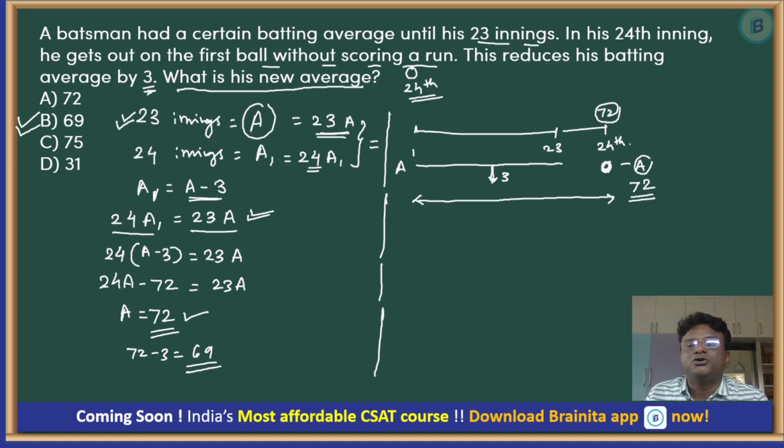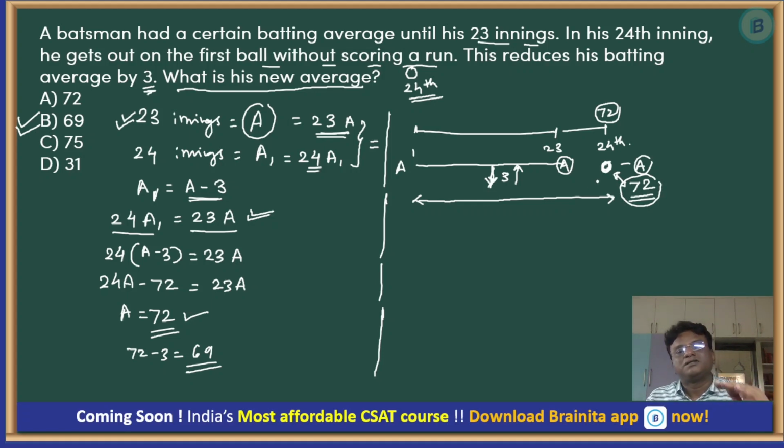In this scenario, because he scored 0 runs, it came down by 3. But if he would have scored 72 runs, which is the difference between 0 and 72, this would again go back up by 3. That means it would become same as average. That means that the average runs that he scored until 23rd innings is 72.